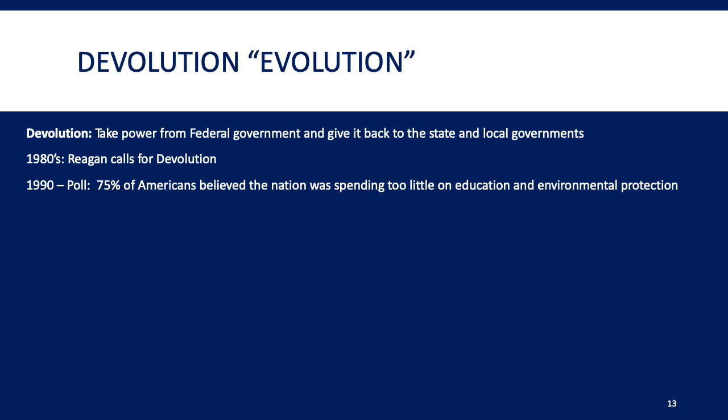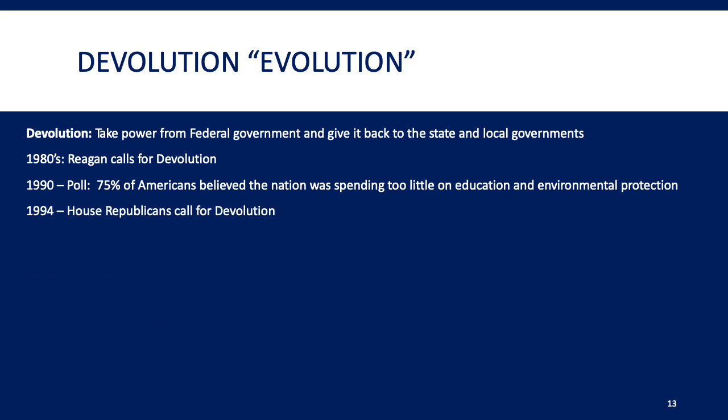They're like, hey, why aren't we spending more on this stuff? This is really important, which is true, right? So Americans wanted the federal government to pay, but also wanted local control. They're like, hey, we want you to give us money, but we still want to set up the rules.